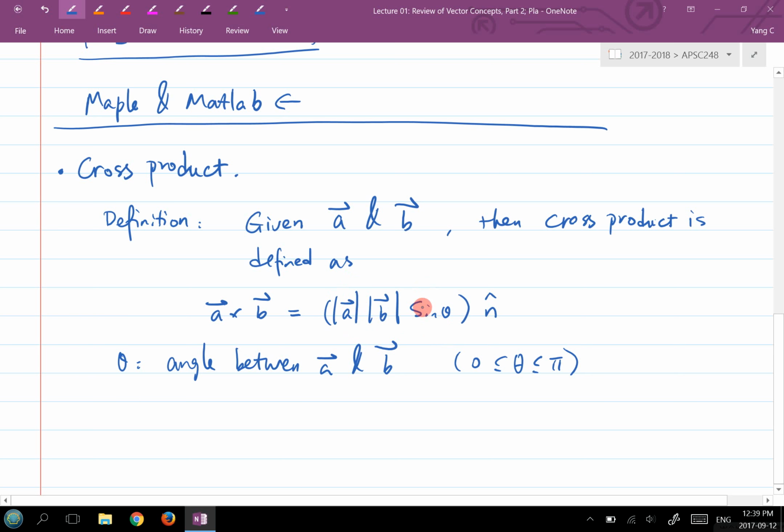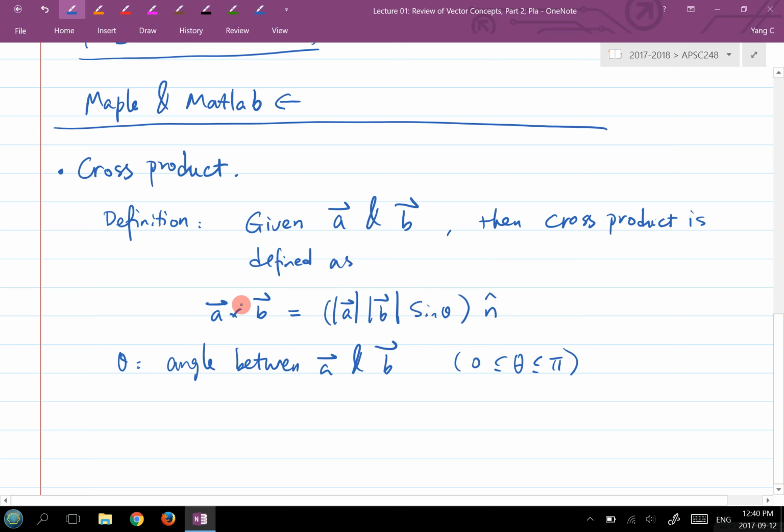And then times n hat, which is a unit vector. According to our definition of a vector, this is essentially a length times a unit vector, a direction. So that tells you the cross product is a vector, as opposed to the dot product, which is a scalar.